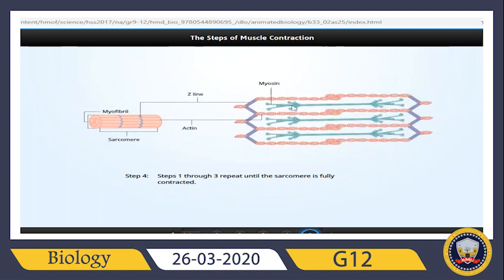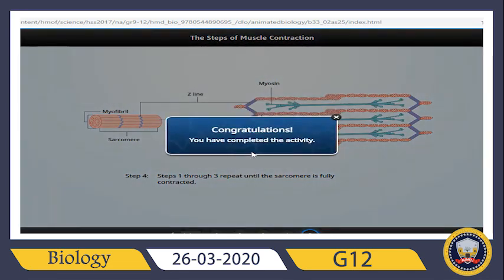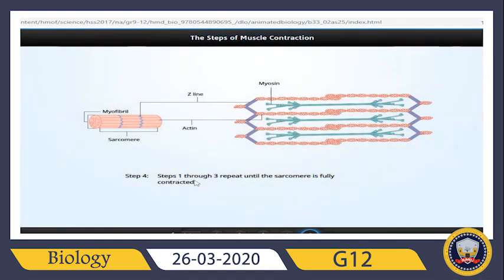Now steps 1 through 3 repeat until the sarcomere is fully contracted. This is the full contraction of the sarcomere.